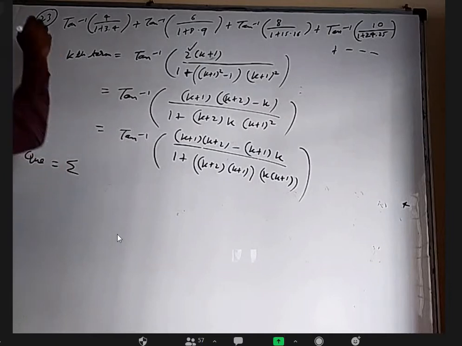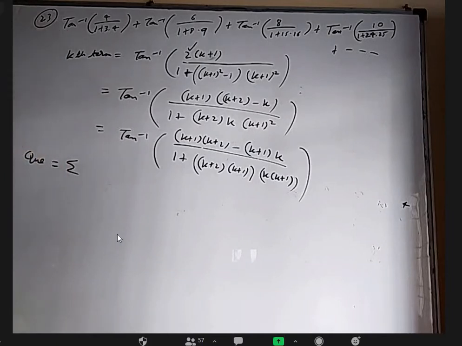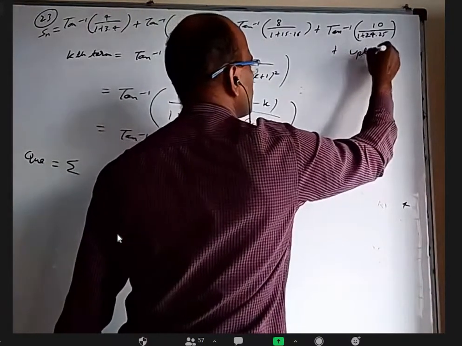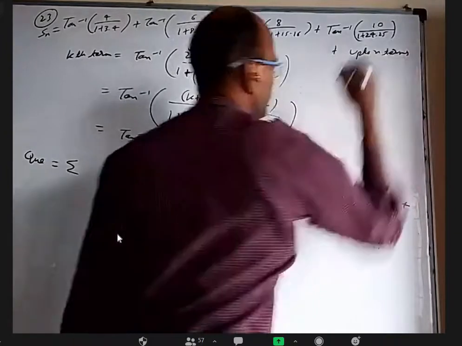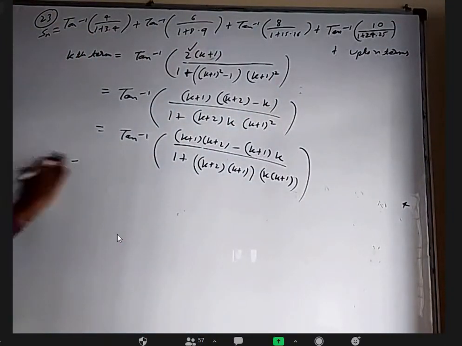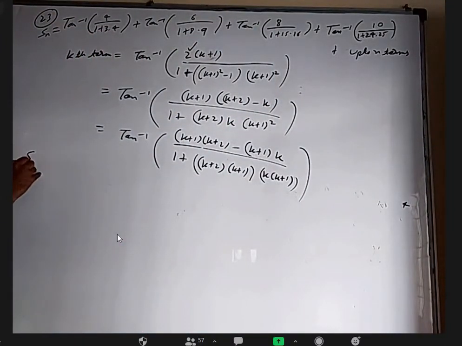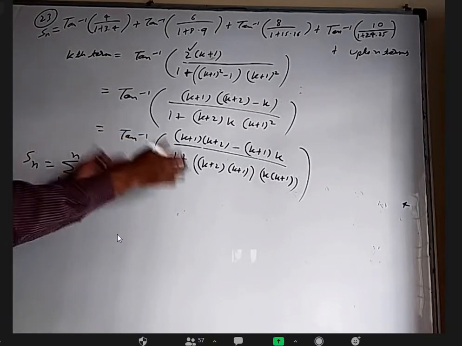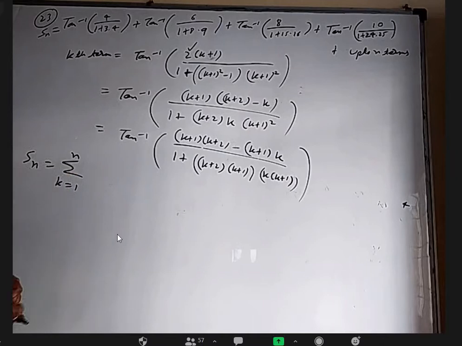Now the given question is, we'll call this Sn first of all, and I'll write Sn up to n terms only. So Sn can be written as sigma k equal to 1 to n of the kth term, added from 1 to n.